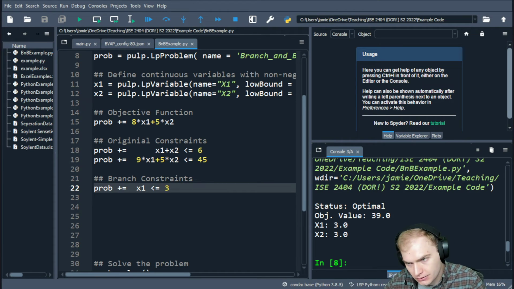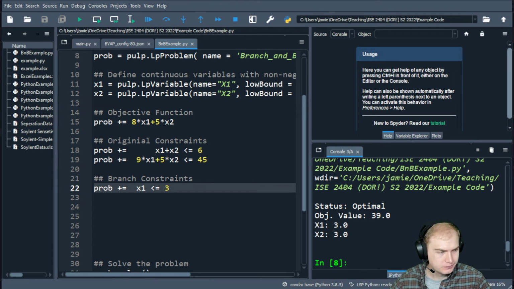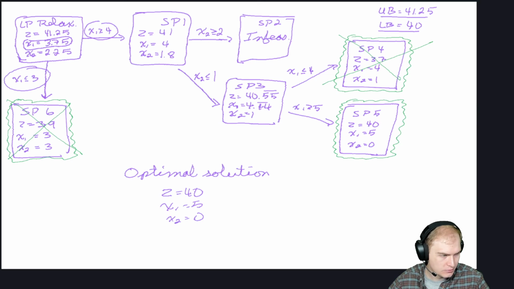So z equals 40, x1 equals 5, x2 equals 0. Oh, I've neglected to swap us back to here, so let me repeat that.